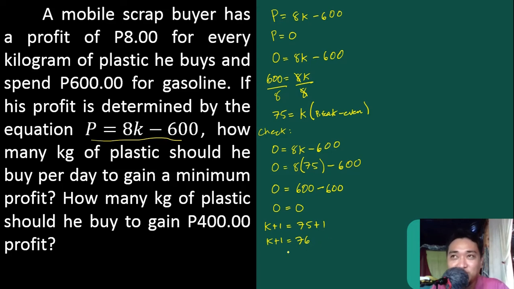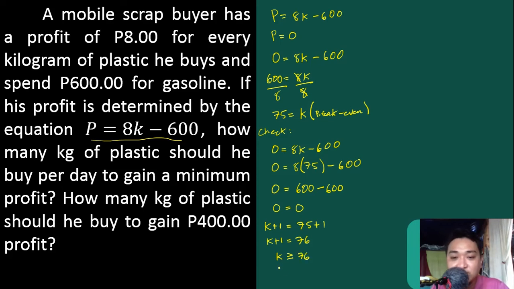And if you are going to ask me, what will be our minimum profit, or what will be our expression in order to gain a minimum profit and onwards, or to gain a profit and onwards, that will be K should be greater than or equal to 76.